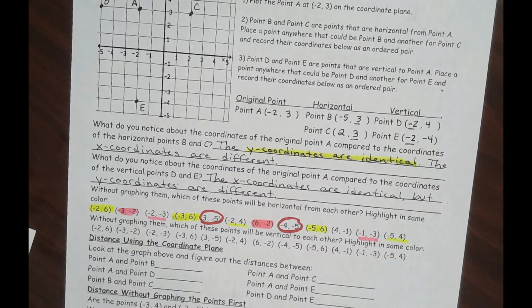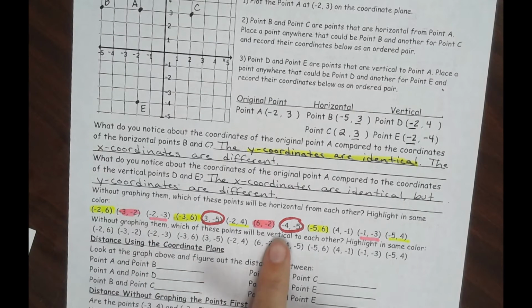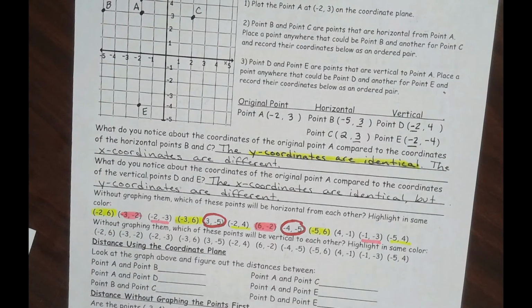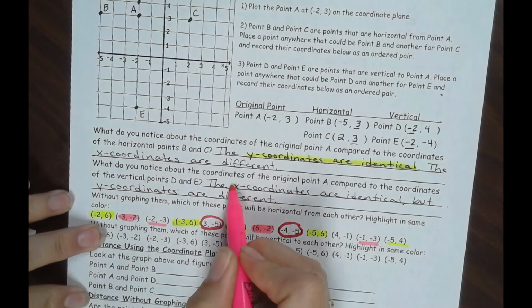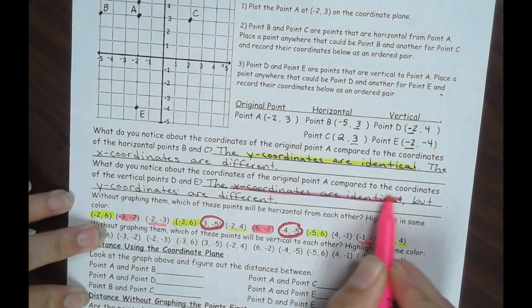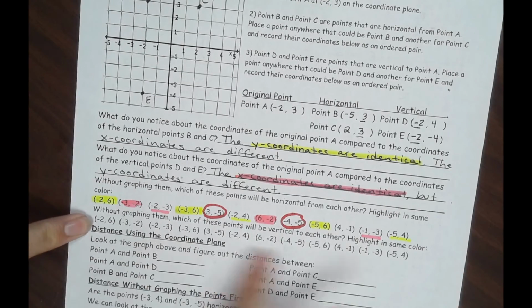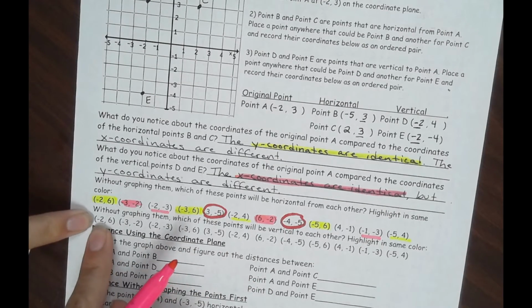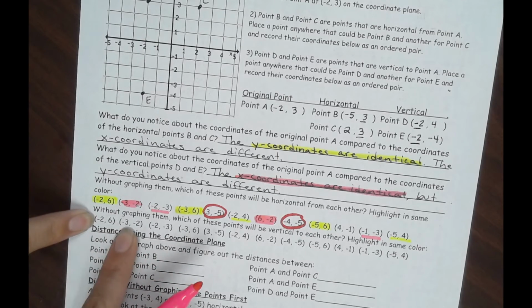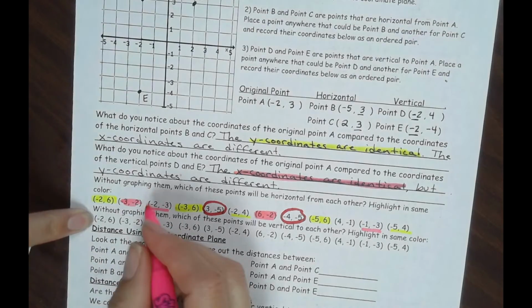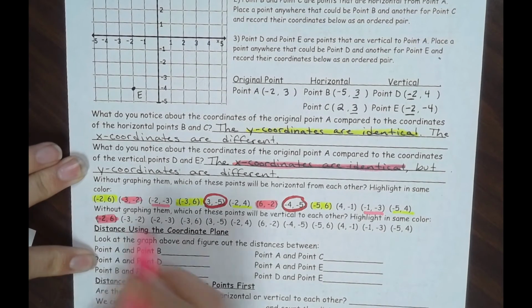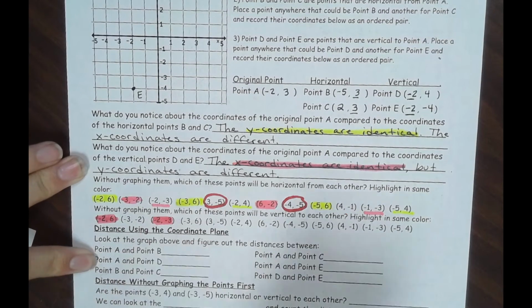So without graphing them, which of these points will be vertical to each other? So we learn from being vertical that the x coordinates are identical. So now I'm looking at the same points, but this time I'm looking at the x values. So -2, -3, -2. Okay, those two are going to be vertical of each other.